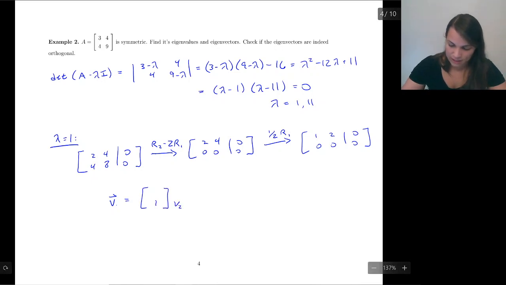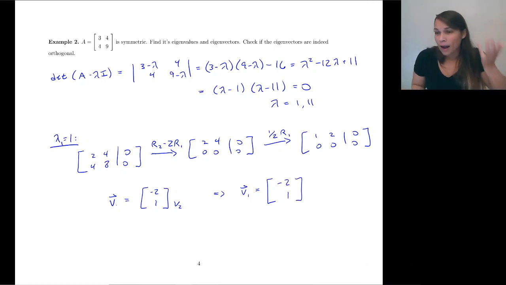And then we can say that V1 from up here is going to equal negative 2 V2. There we go. So then this is going to be lambda 1. So my eigenvector for lambda 1 is going to be, I'm just going to go with negative 2, positive 1. Remember, I can pick V2 to be anything that I want as long as it's not 0.